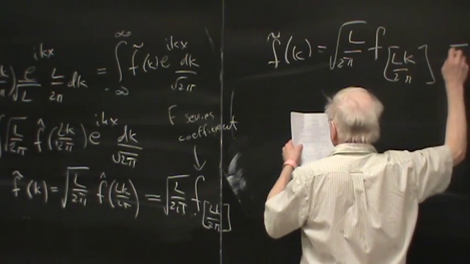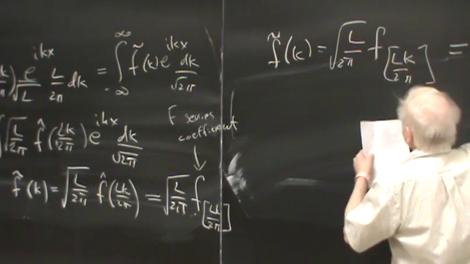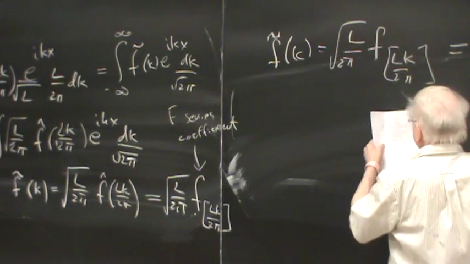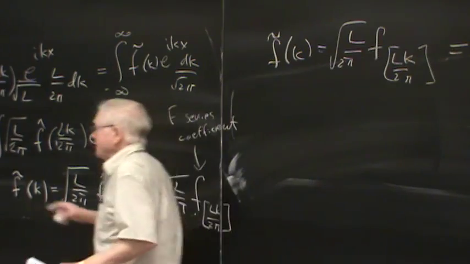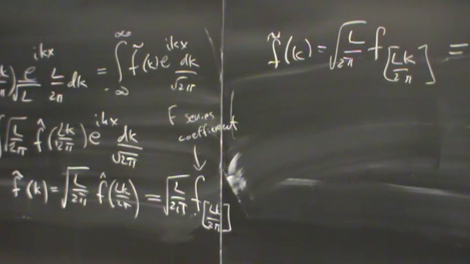And that is, of course, square root of L over 2 pi, and we now use the Fourier series formula, namely this integral.